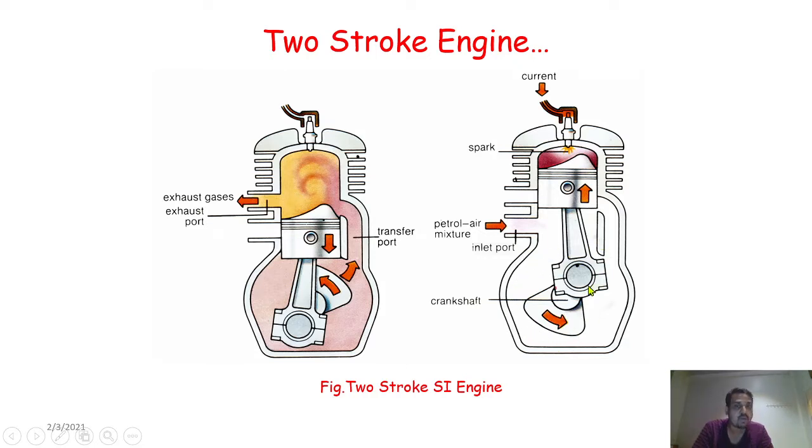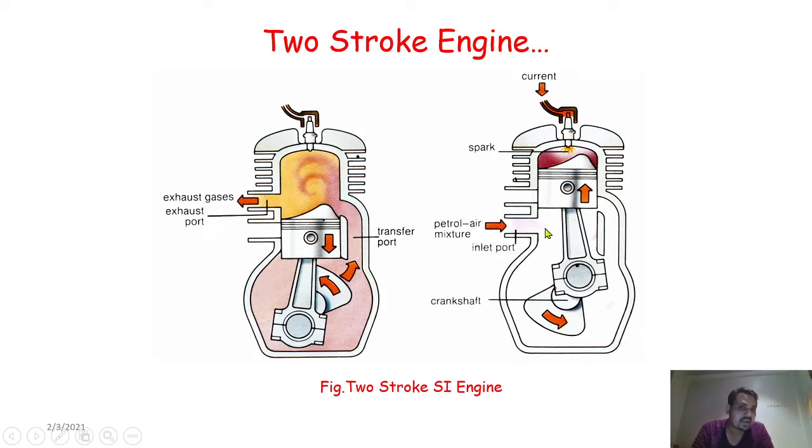That is very important: it comes inside the crankcase. At the same time, the suction process is happening, and as I told you earlier, the earlier stroke's air-fuel mixture is present inside the engine cylinder.